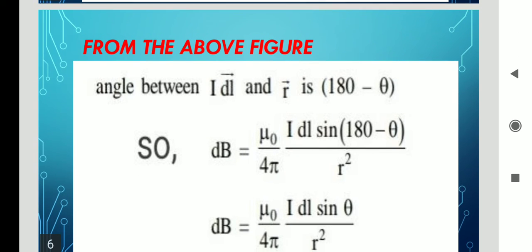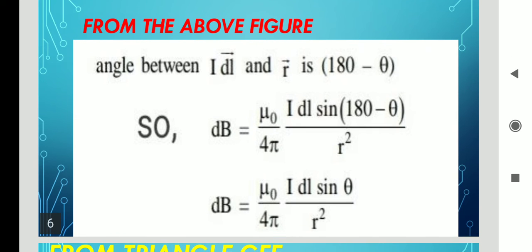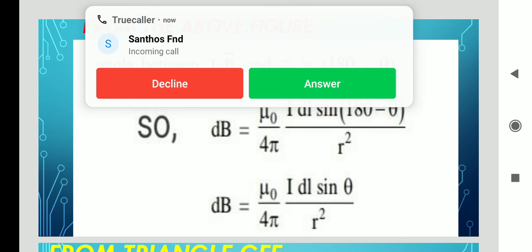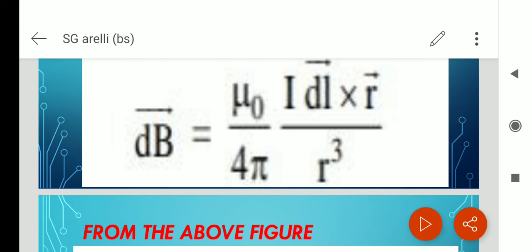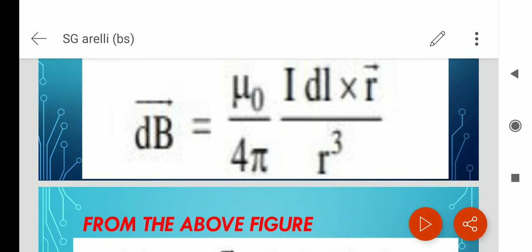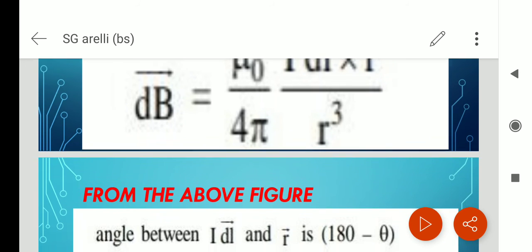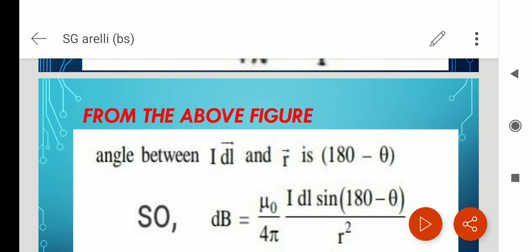Then it can be written as dB equal to mu naught by 4 pi into I dl sin of 180 minus theta by r square. See here, the r is divided by r, and r by r is 1. In the r by r place I took r caps, which is nothing but the unit vector.